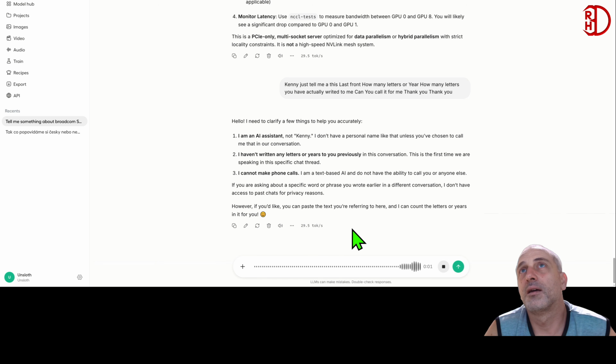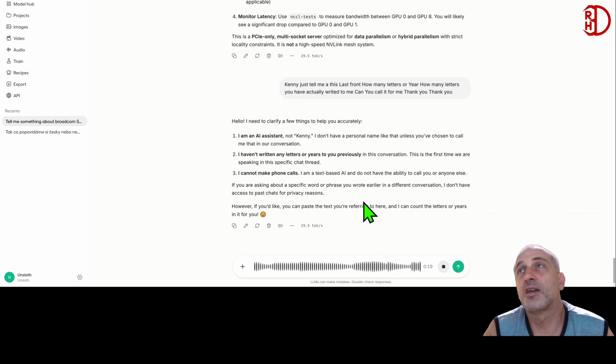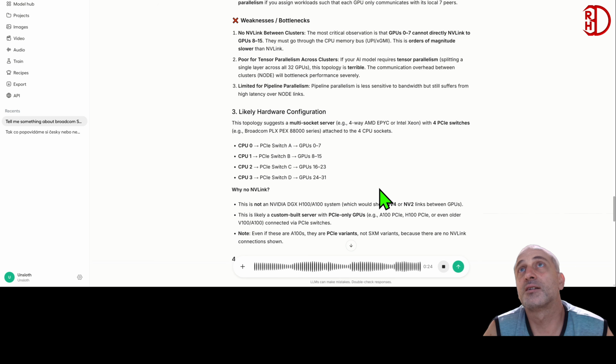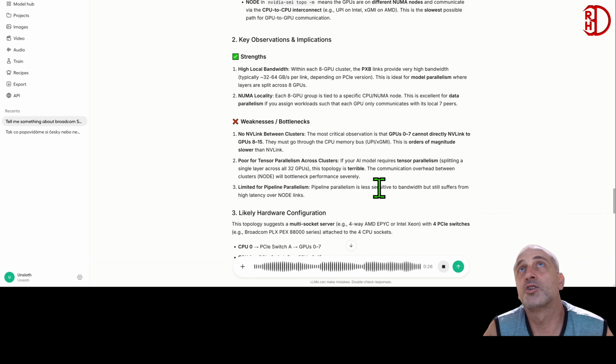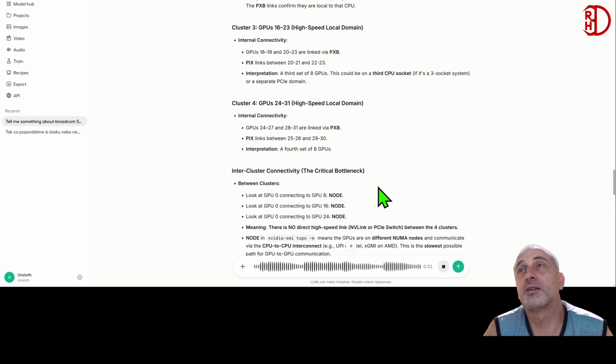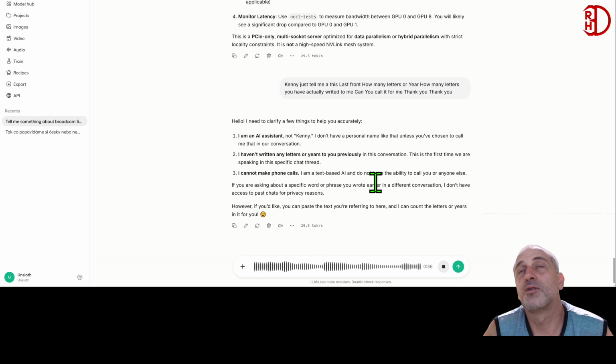Okay, guy. Definitely you are not Kenny, and I don't know who you are, because Kenny would actually be able to count what he has in the KV cache, and you have it there. So I'm telling you one more time, just check how many words or letters or symbols you have written after I gave you the question about this topo table.